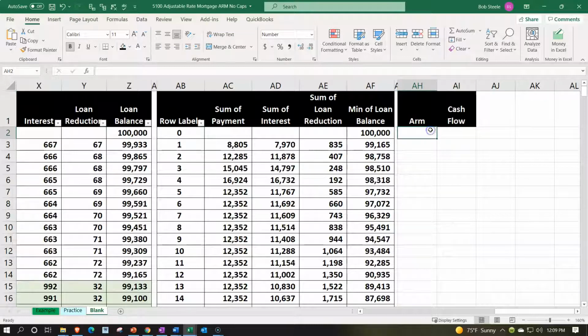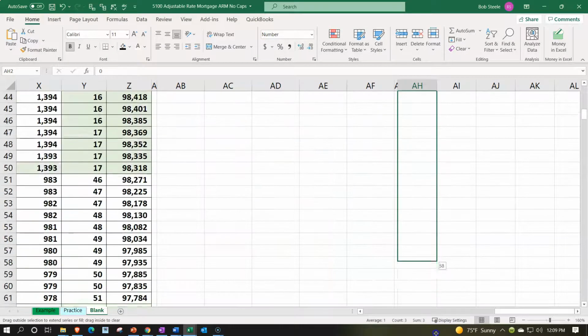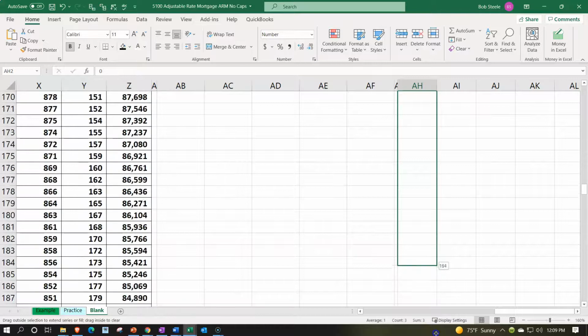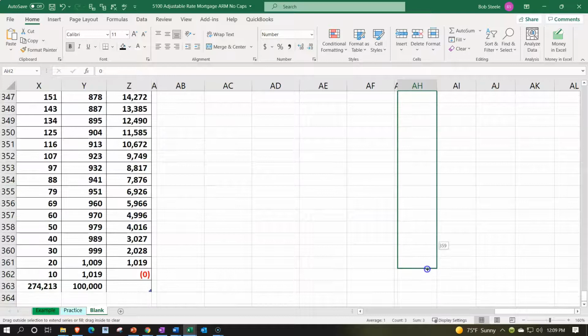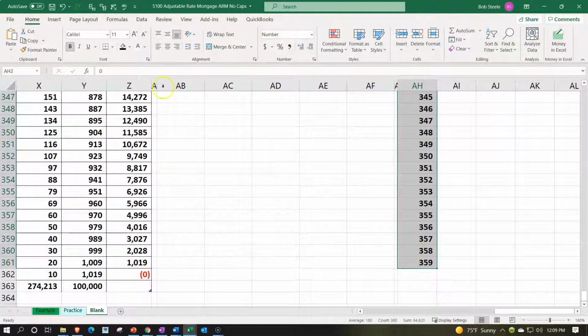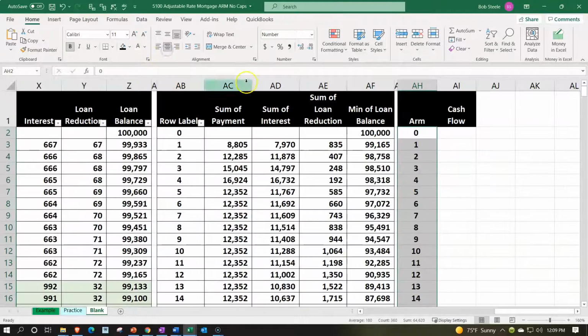And then I'm going to put our periods from 0, 1, 2 all the way down to 360, taking the months for 30 years here. We're talking about a 30-year period times 12, 360. Center that.